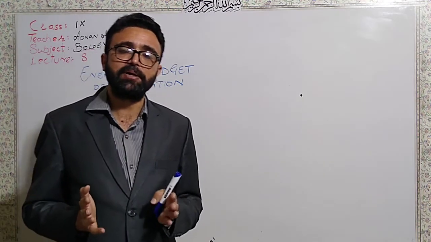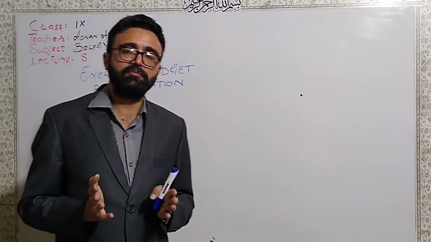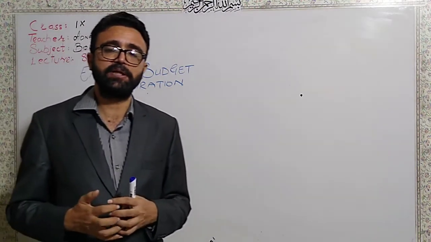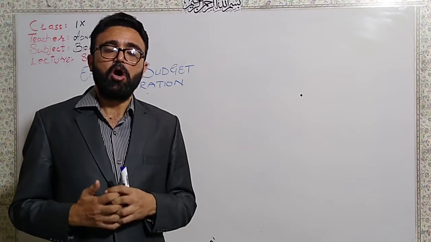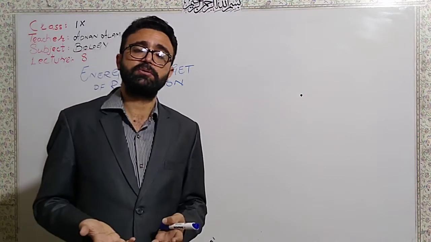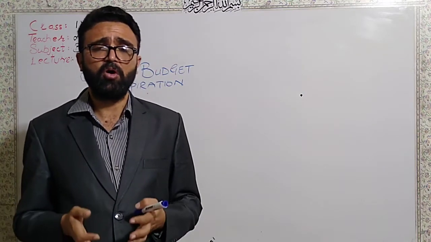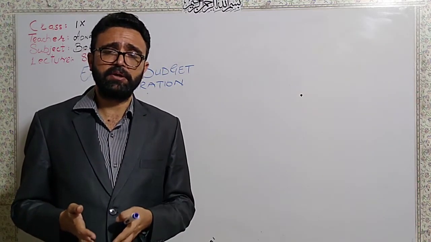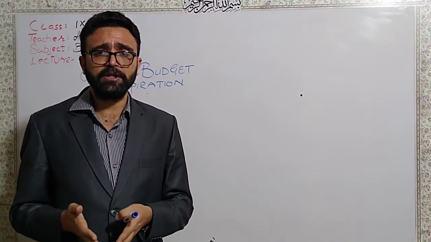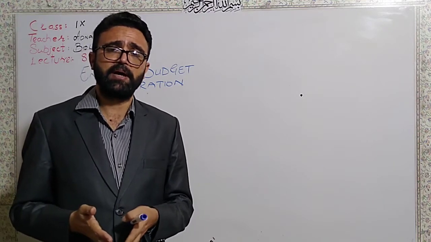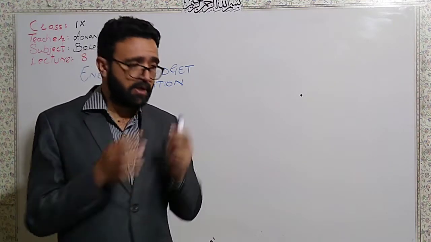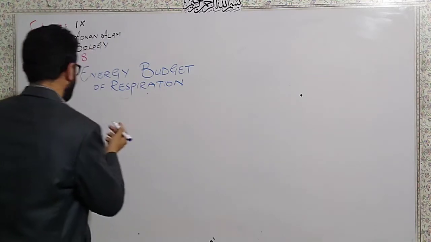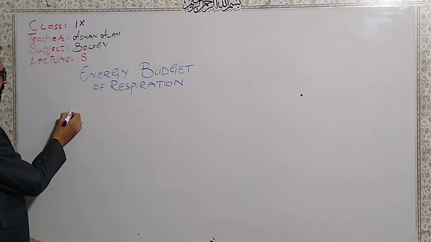Budget is an economic terminology. Here we will discuss how many energy molecules, definitely ATPs, we get from different steps of aerobic respiration. So first I will tell you about glycolysis.